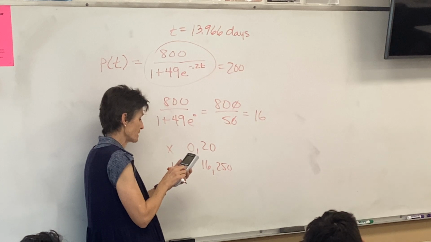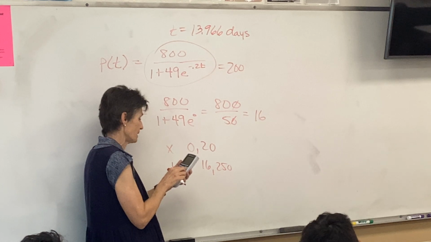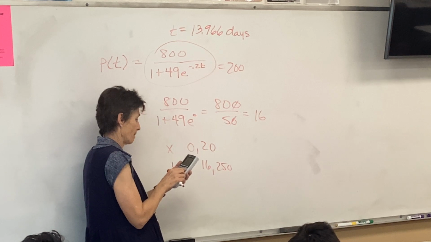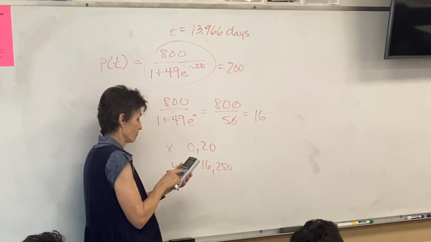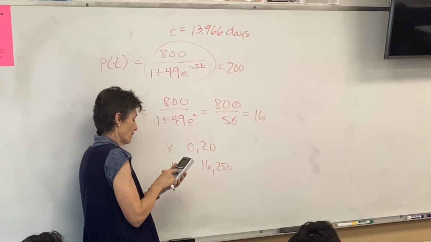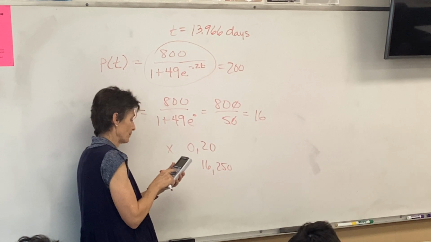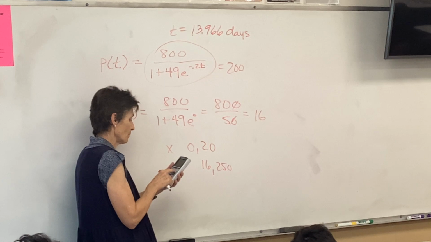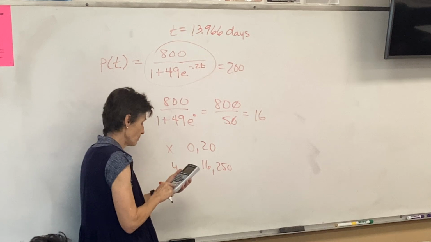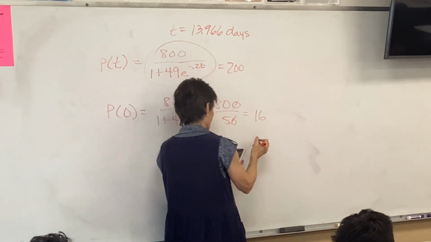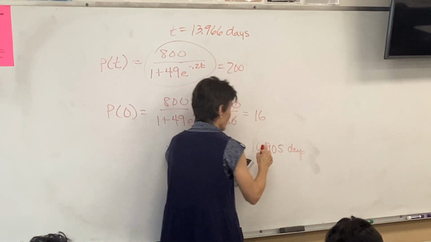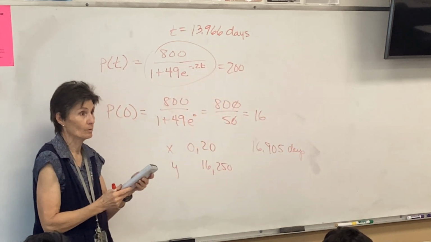I had to make some adjustments to my window, obviously. 16.905 days, so about 17 days, we're gonna have to close the school.